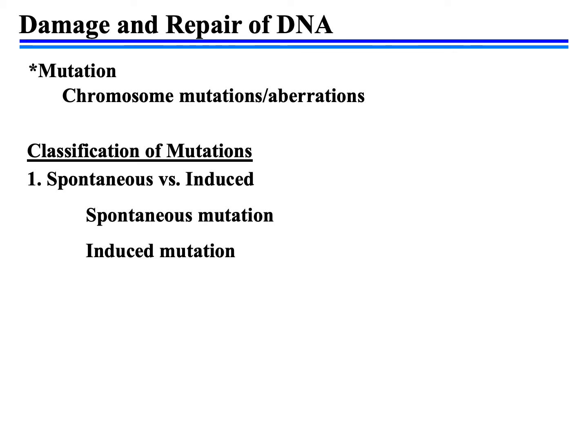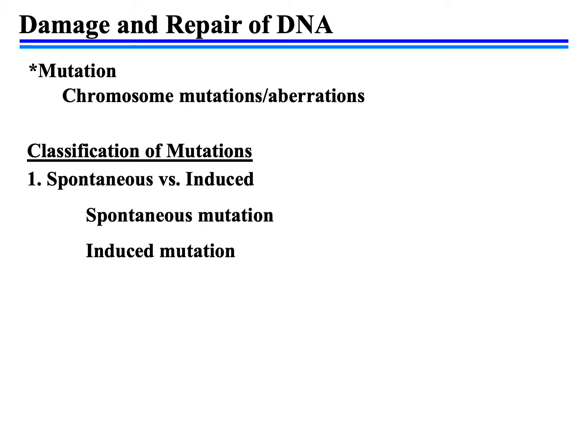But before we start talking about specific types of damage and how they are repaired, I want to classify mutations for you, or discuss the fact that mutations can be classified in lots of different ways. One way to classify mutation is whether or not it's considered spontaneous versus being induced. A spontaneous mutation is one that occurs, quote-unquote, naturally.